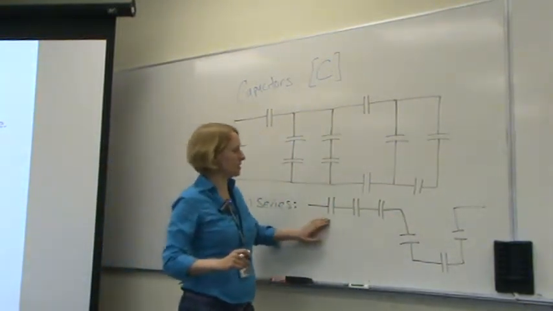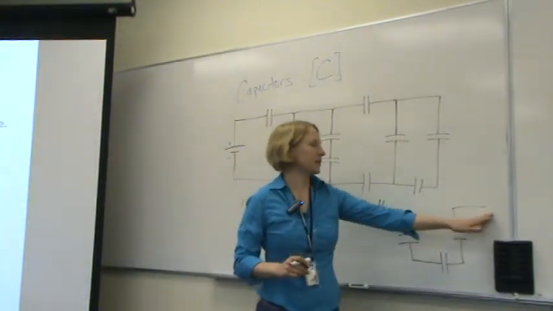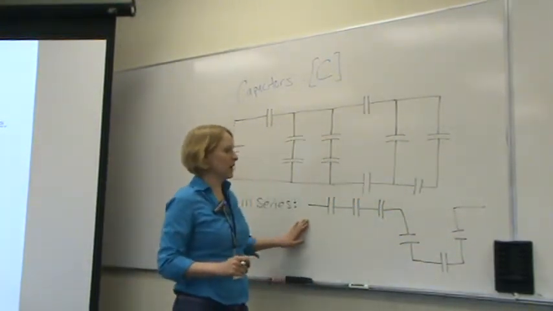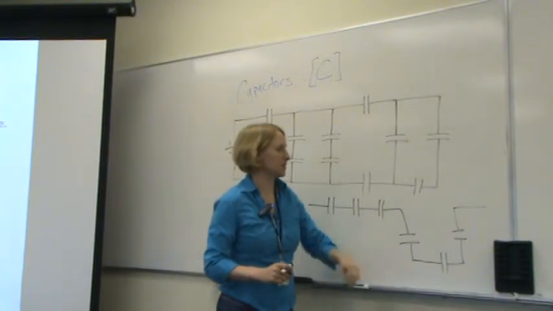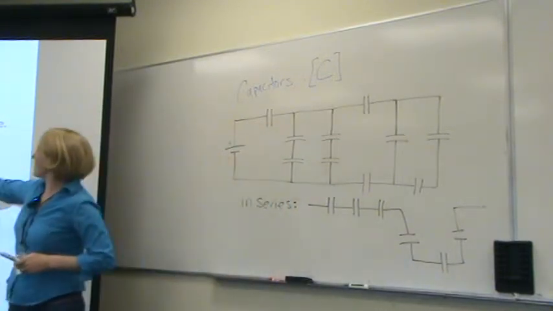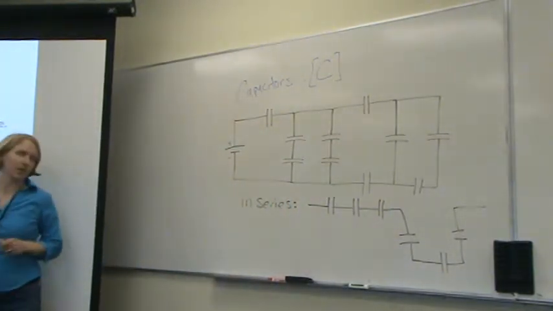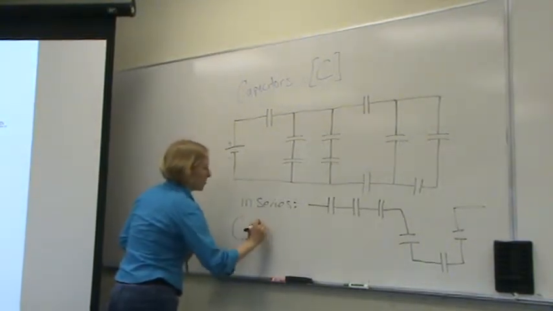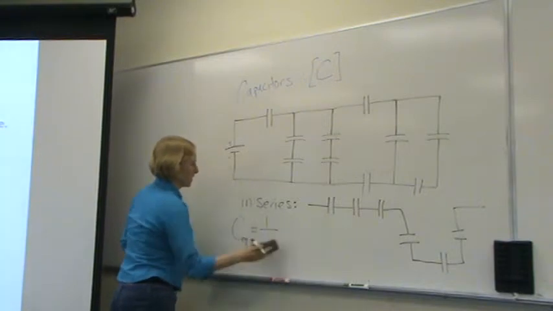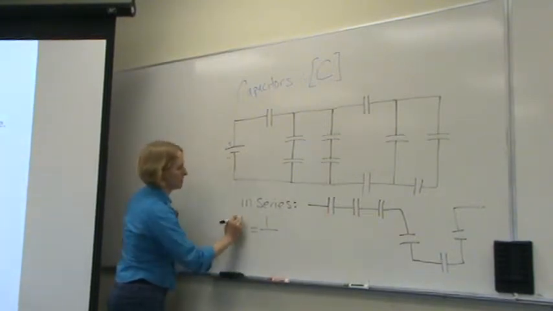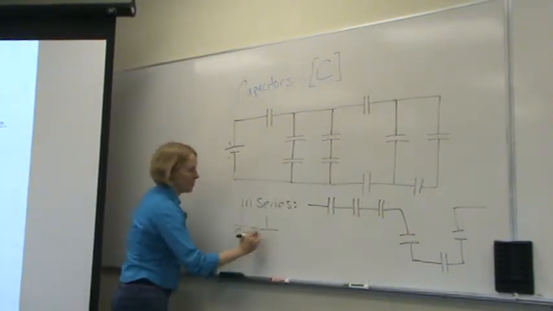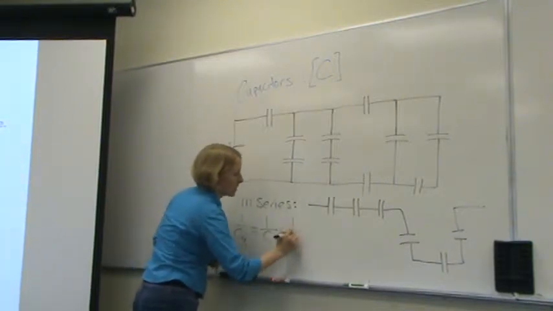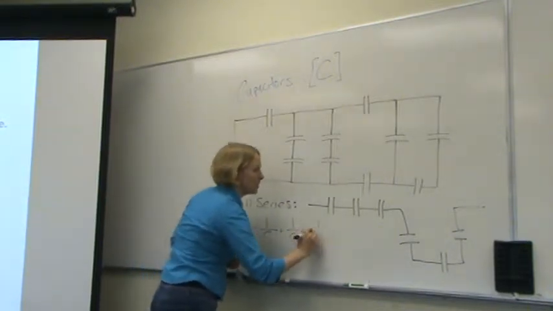So we can replace all of these capacitors in series with one capacitor, and how we would calculate the capacitance of that is we have this complicated formula here for capacitors in series. So 1 over the equivalent capacitance is 1 over the capacitance of all the capacitors in series.